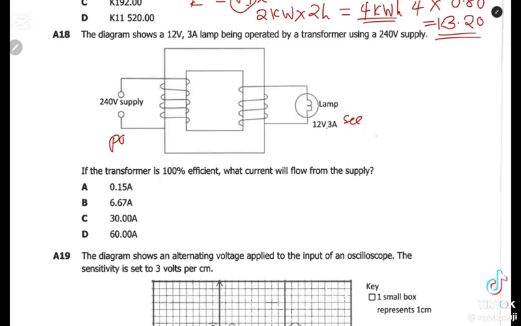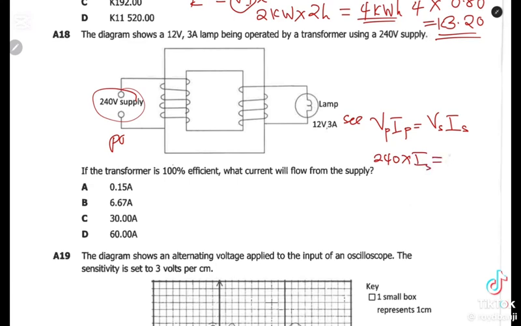And of course, to find the current that flows through the supply, you just use the formula of an ideal transformer, of which power on the primary is equals to the power on the secondary. So VpIp equals VsIs. What is the voltage on the primary? The voltage on the primary is 240 multiplied by the current, which is the one that we are looking for.